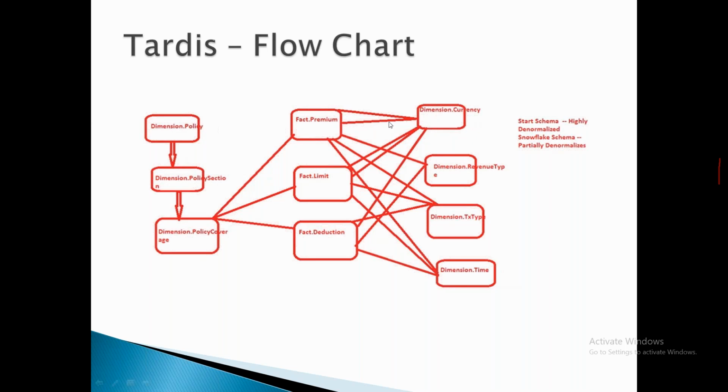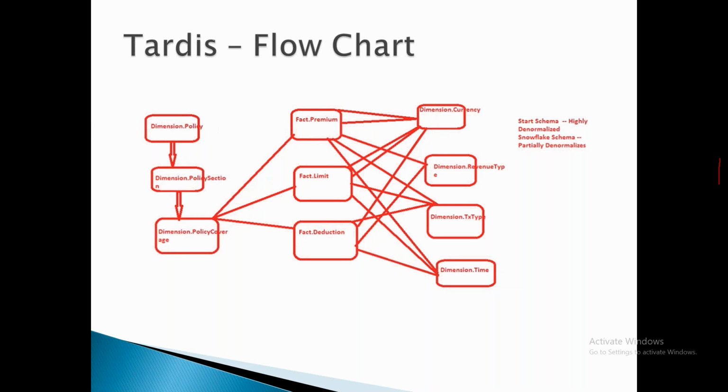So currency is linked to premium, limit, and deduction, and revenue type is linked to, you can see this arrow mark, deduction and premium, and transaction type is linked to this one, this one, and this one, and this is also linked to this. So here three arrow marks, and only two, and here you have this and this and this. This is also linked to this. Clear?